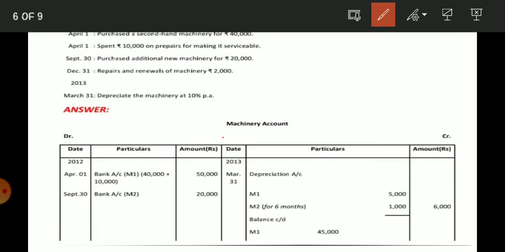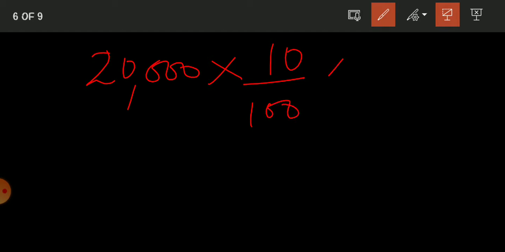So how do you calculate depreciation? It is simple. Just write the amount of new machinery, that is 20,000, and the rate of depreciation, 10% per annum. So the 20,000, the value of machinery, into the rate of depreciation, into how many months the machinery runs in the year, that is 6 months, upon the total months in a year, that is 12 months.